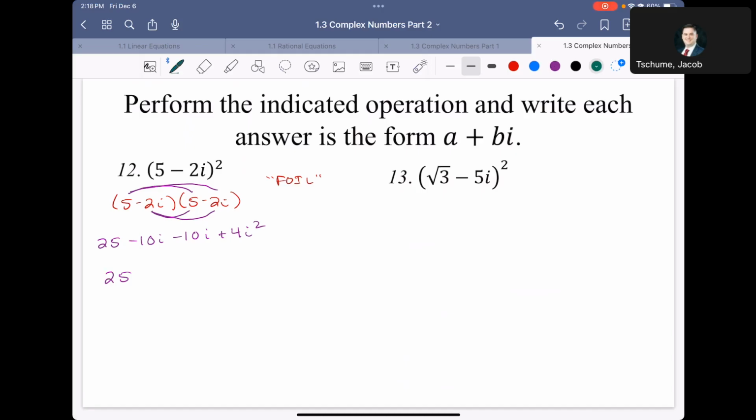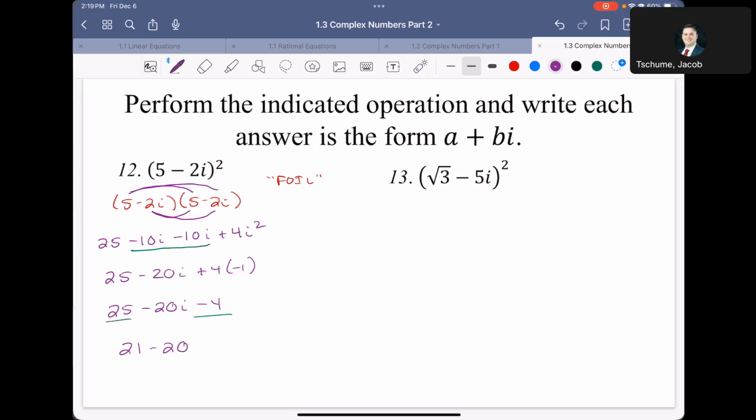And then you might notice we can combine these two i terms. So -10i minus 10 more is going to be -20i. And then once again, we ran into another i squared term, so I'll replace that with -1. This becomes 25 minus 20i minus 4. And your last step is to put the two numbers together. So 25 minus 4 is 21, and then I'll bring down the minus 20i. That is your simplified answer for number 12.